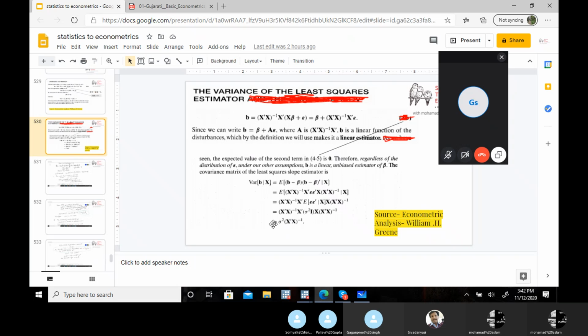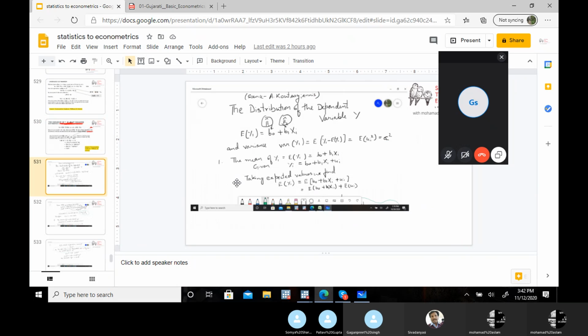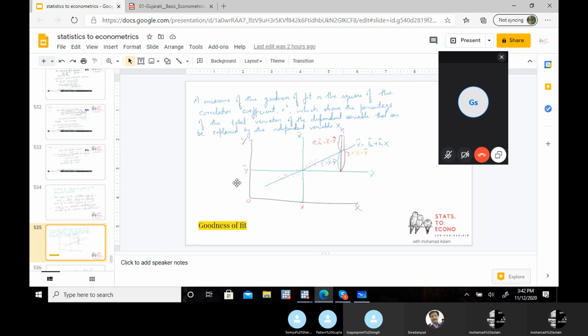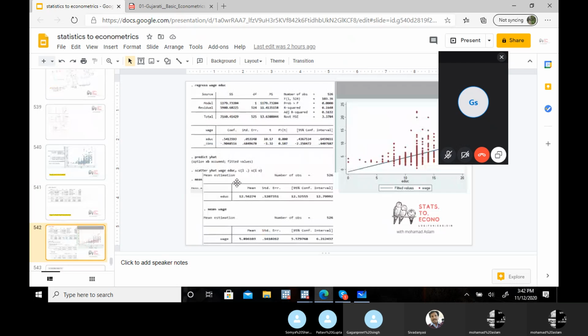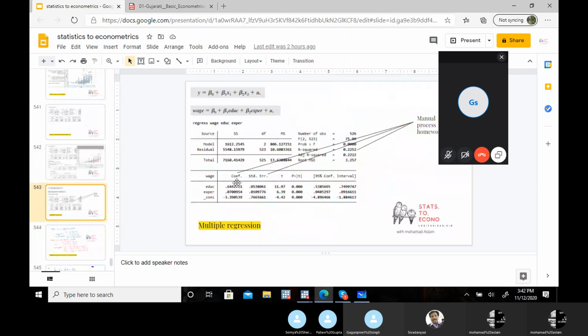Multiply with this matrix, you will get variance of all these beta matrix from intercept to slope coefficients. So you can go with the matrix method. You can try both this particular method or this method. Choice is yours. So then you will get these standard errors. So this is done.